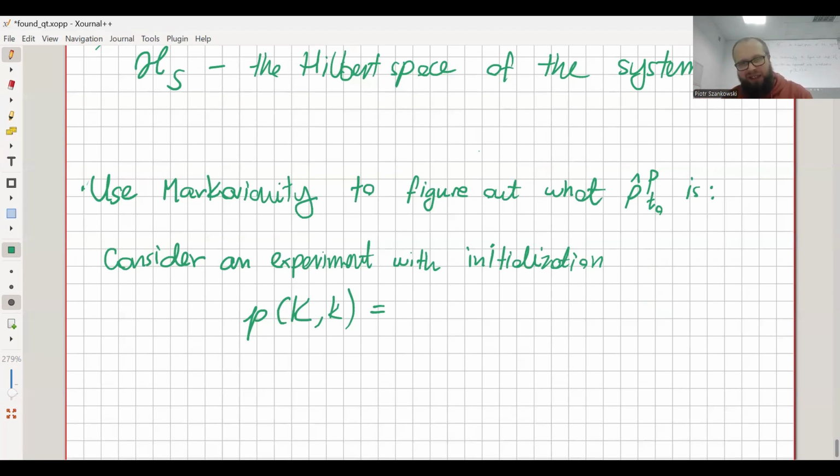But let us pick K prime prime. We pick a certain concrete device, and we pick a certain concrete result. So it's not a distribution; it's just a delta. Let's use a symbol here for convenience.